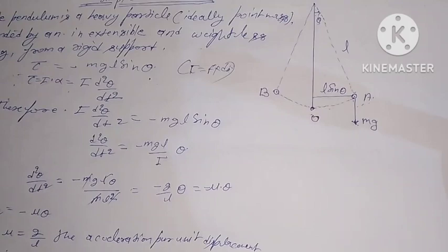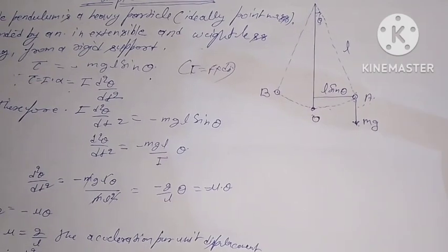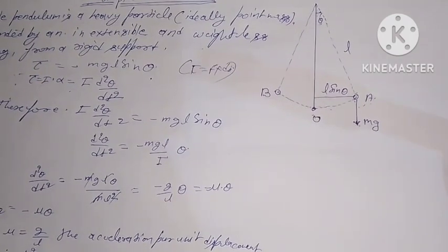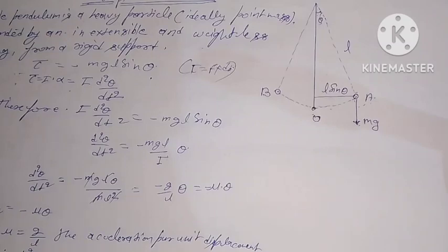That is, d square theta upon dt square is proportional to minus theta.